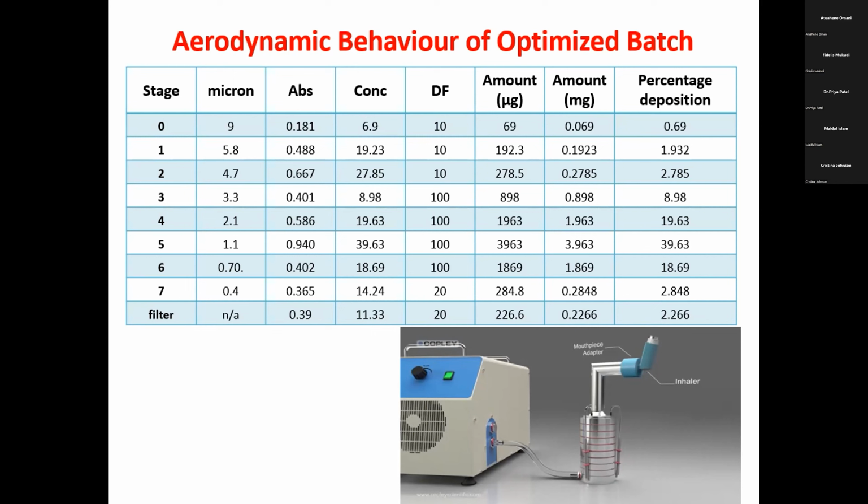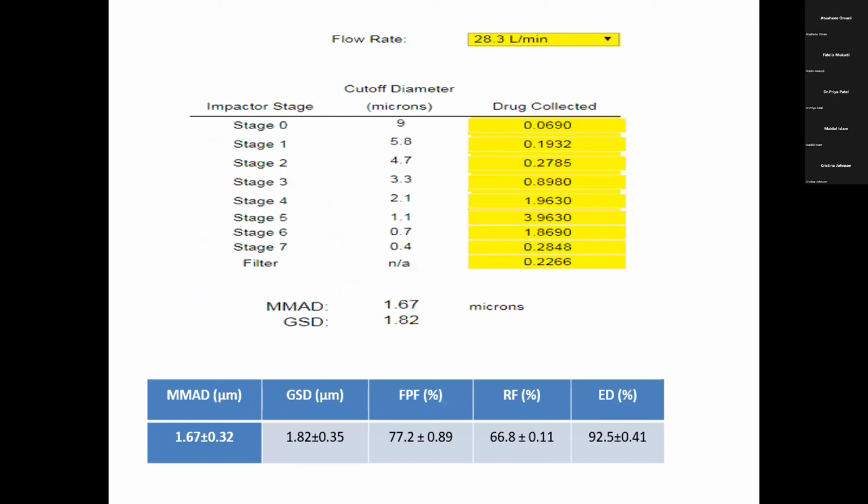It indicates that our formulation has a major chance to reach the deep part of the lung, such as the alveoli, rather than the upper part of the lung. We confirmed the same with parameters like MMAD, the mass median aerodynamic diameter, as well as the geometric size distribution. This is the evidence of our aerodynamic behavior: the formulation successfully reached the deep part of the lung.